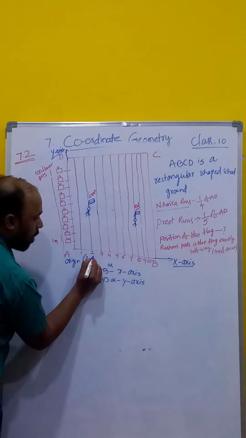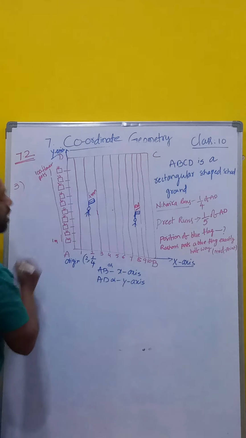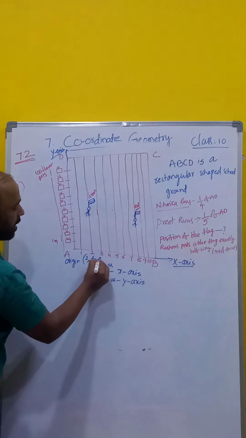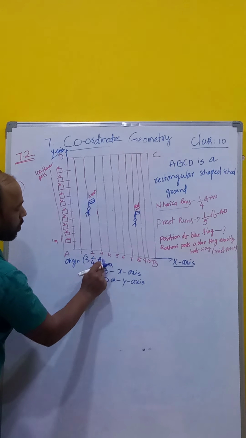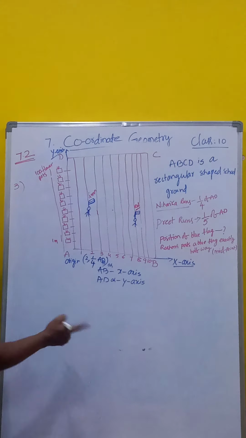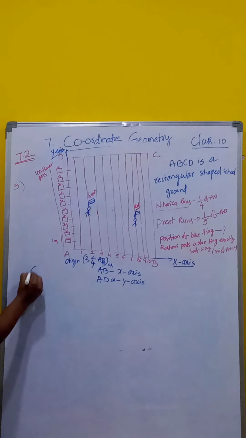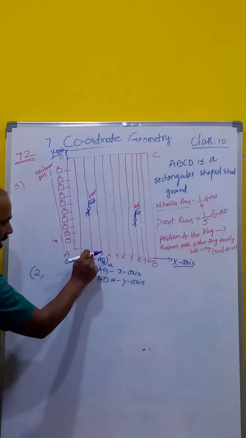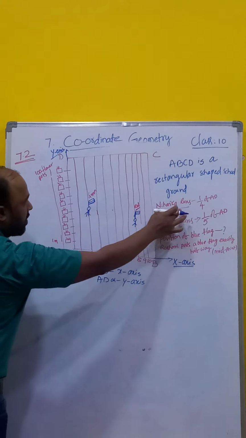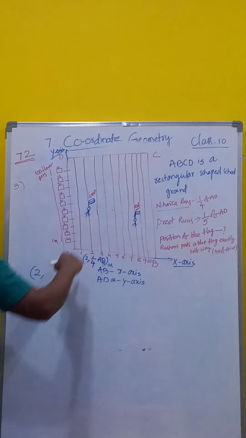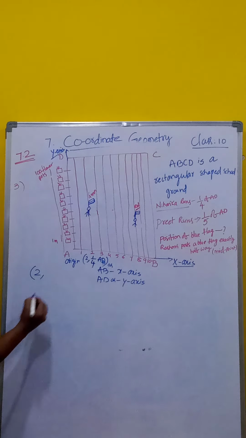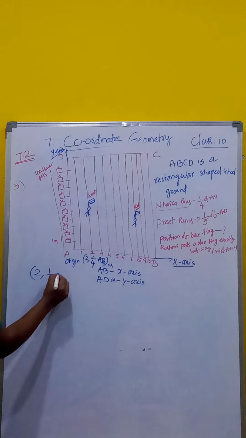That means the y coordinate is 1 by 4 of AD. Using this we have to find the y coordinate. The x coordinate is 2, so the green flag is 2 comma 1 by 4 into AD.